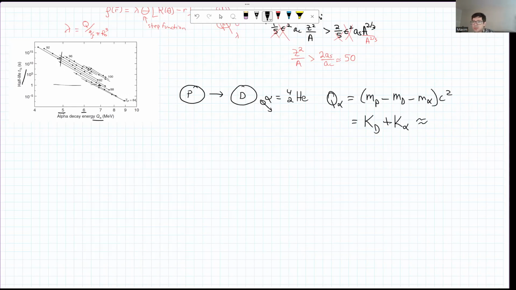The daughter absorbs most of the recoil from the alpha particle being emitted, so most of the kinetic energy is in the alpha. So Q is a measure of the kinetic energy of the alpha.